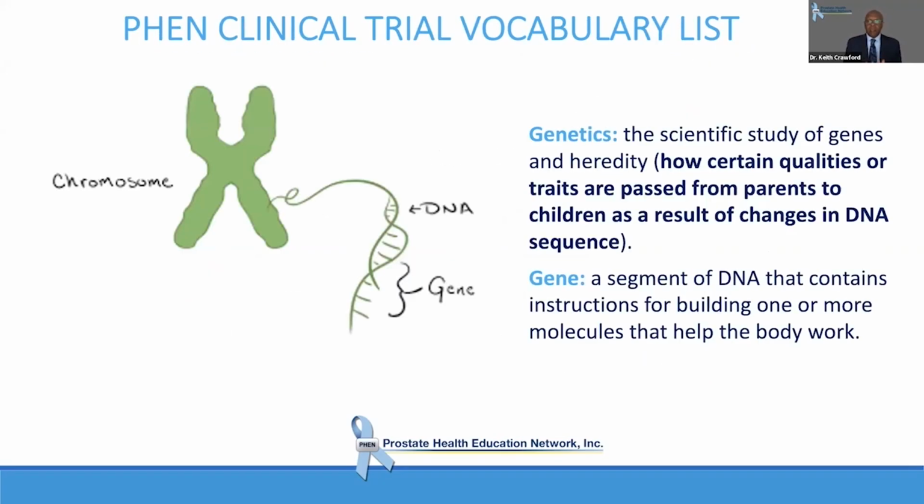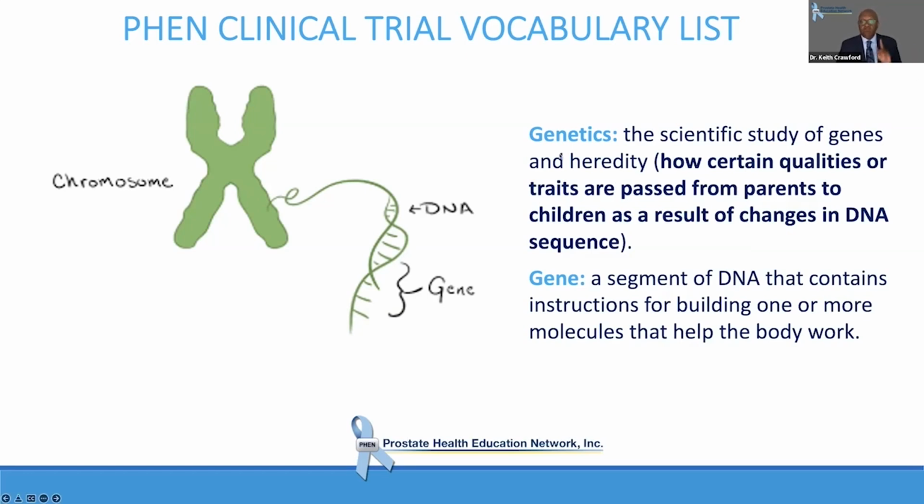Next, when we start talking about genetics, I want to bring everybody back and talk about the chromosomes. We have 23 chromosomes, and the chromosomes are made up of DNA. Now, these long strands of DNA, as you go down a little further, the DNA is made up of genes.